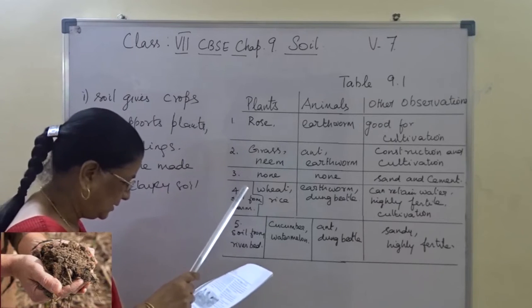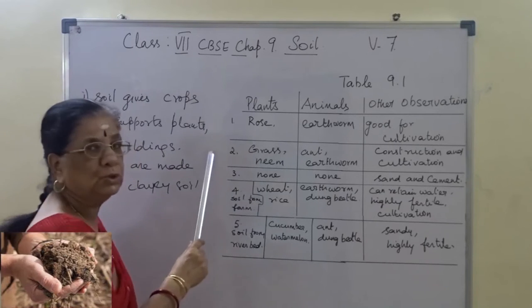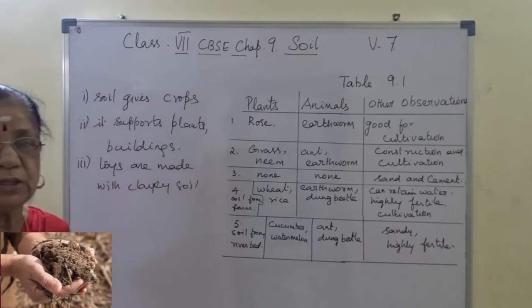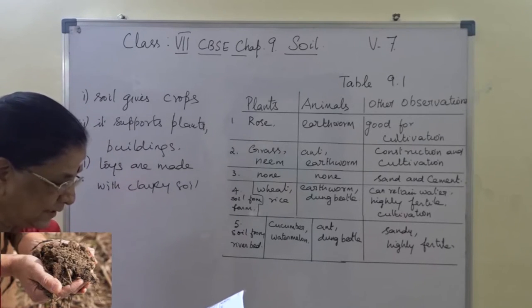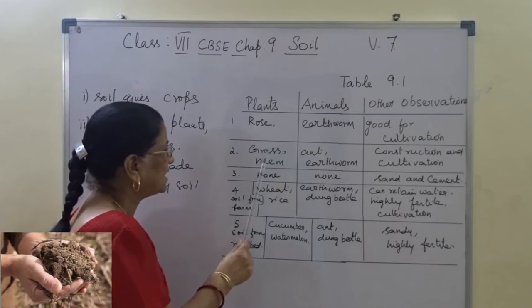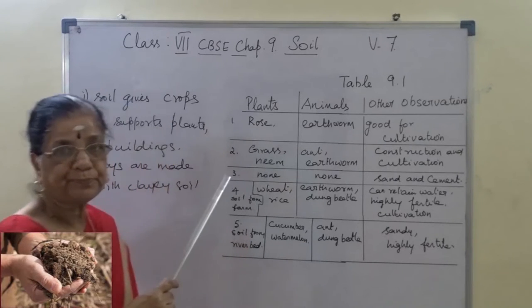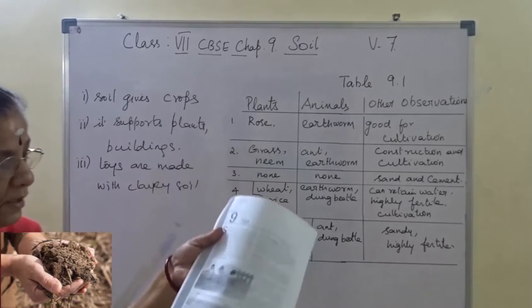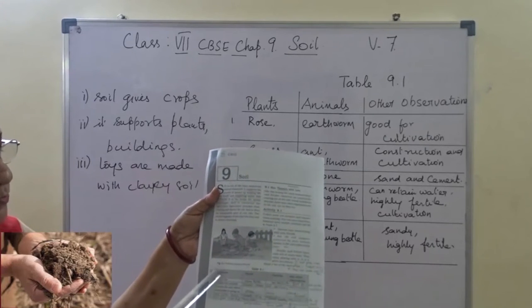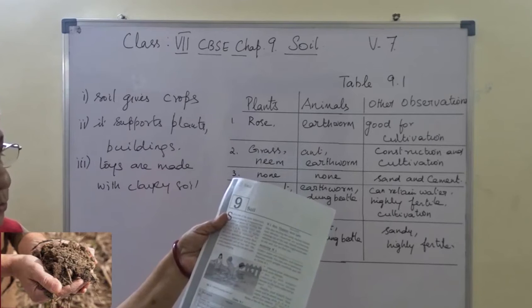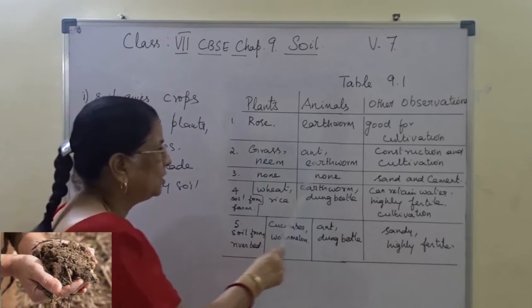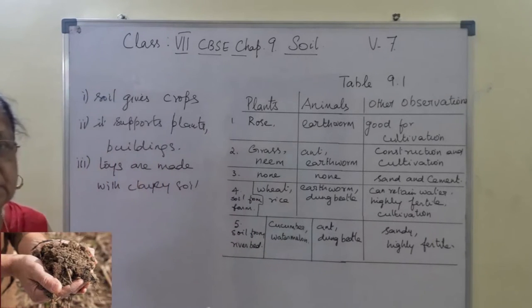Then the second one is soil from the roadside, the red soil we say. Soil from the roadside: we find grass and neem. I have already told you I am not writing this question. The soil source I have not written here, it is already given. So in the blank spaces you have to copy from the table. Right?